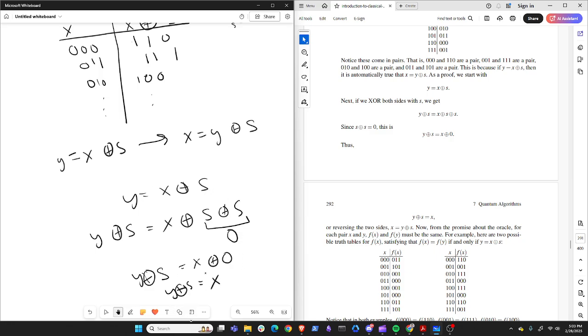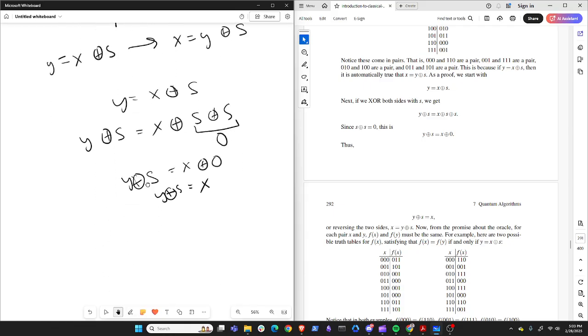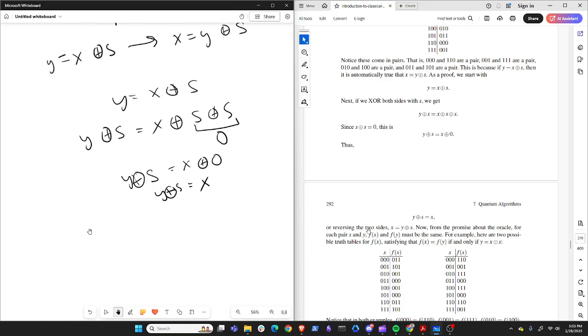We could do the same thing with X to prove this for Y. We could XOR both sides with s, and we would wind up back in our original form. So Y equals X XOR s.